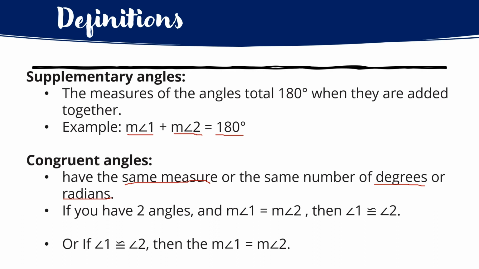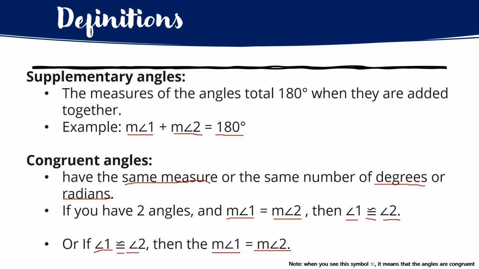So again, if you have two angles and you have the measurement of angle 1 equals the measurement of angle 2, then that means that angle 1 is congruent to angle 2. And then vice versa. If you are told or given as a fact in a problem that angle 1 is congruent to angle 2, then you automatically should know that that means the measure of angle 1 equals the measure of angle 2.